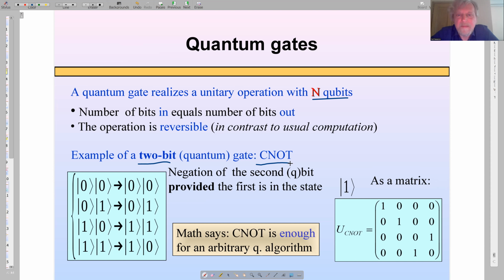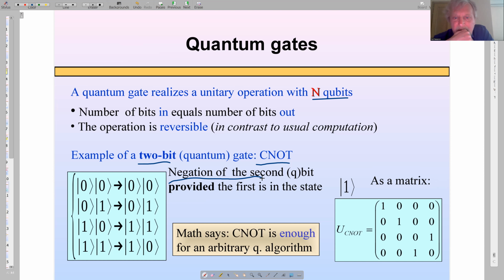Let me understand what it does. In distinction from many quantum gates, it has an obvious classical analogy. What does it mean? It operates on the second qubit. Of the two qubits, it changes only the state of the second qubit.